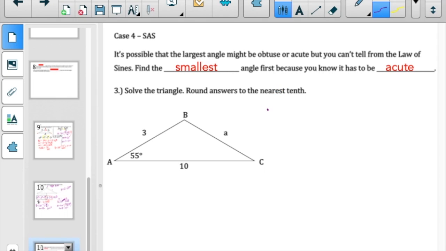A squared equals 3 squared plus 10 squared minus 2 times 3 times 10 times the cosine of 55.